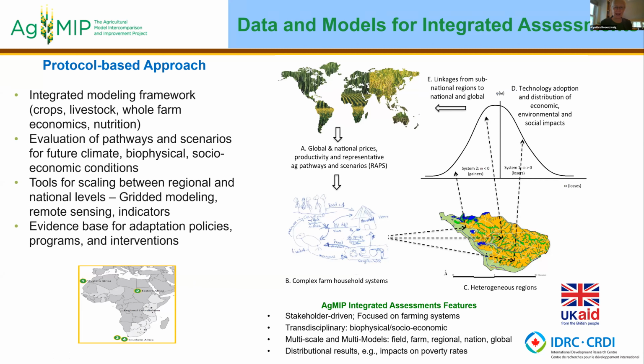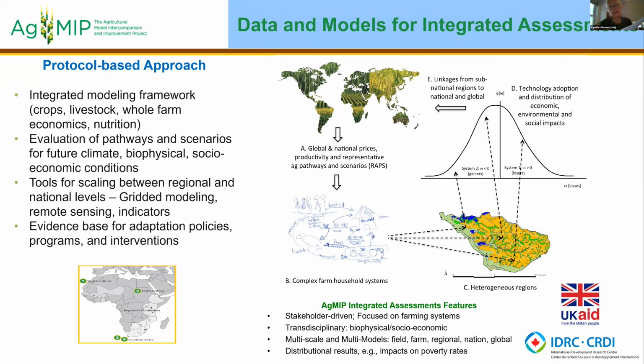Turning to the diagram, what this is showing is the integration across scales, which even includes some global scale data in terms of global climate model projections that are downscaled to the regions, and some of the economics global data, with things such as prices and productivity and links to global agricultural pathways.